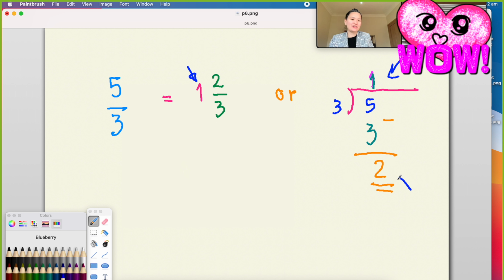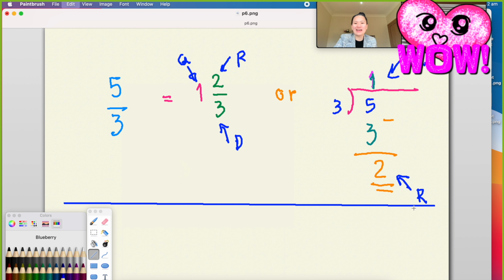You have remainder 2, you write down the remainder here. And then you have the same denominator. The denominator is the same. Grace, that makes sense? Can we try one more? Yes.